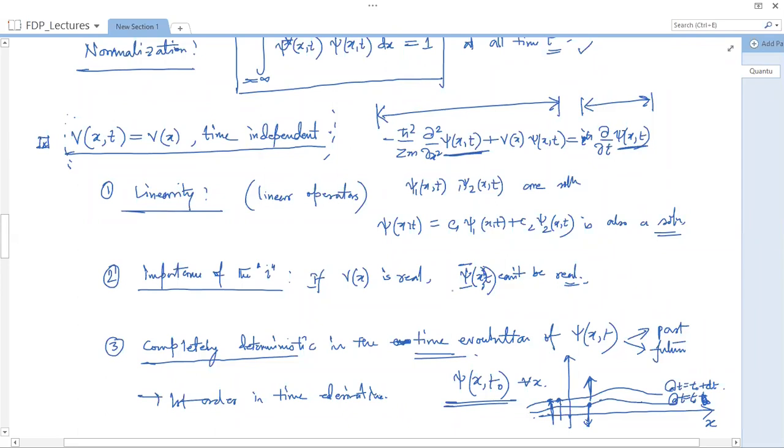So psi of x, t, the total wave function, cannot be real. Remember, the total wave function always has these two parts if you can find a stationary state by separation of variables. There you have this imaginary time evolution. Yes, sir, I understood. Thank you, sir.